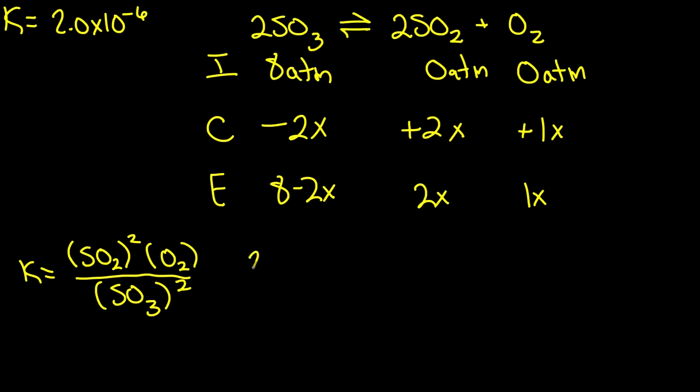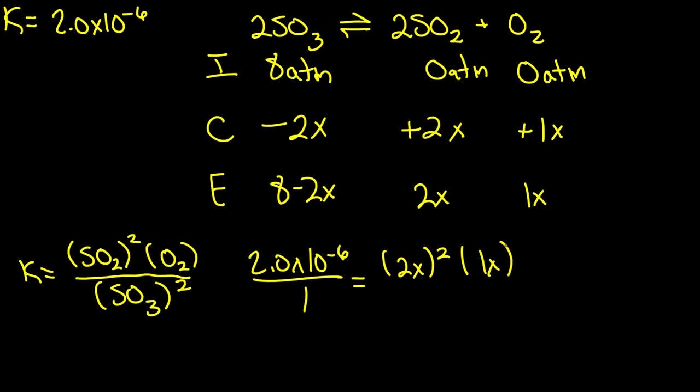So I got K is 2.0 times 10 to the negative 6th. Put that over 1. So equal to SO2 pressure is 2x, and it's squared. O2 pressure is 1x. SO3 pressure is 8 minus 2x, and it is also squared.